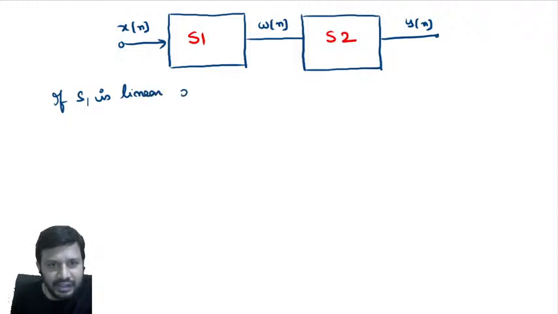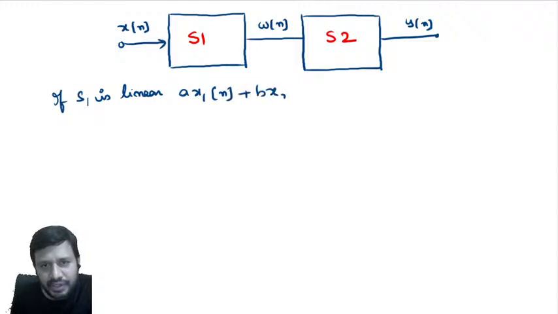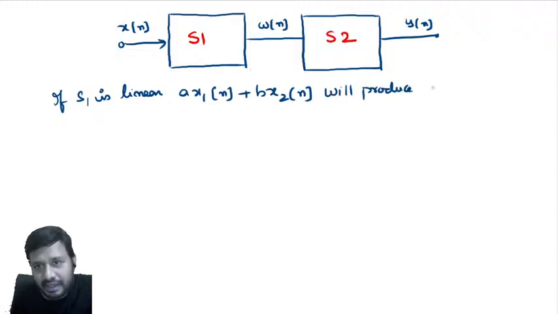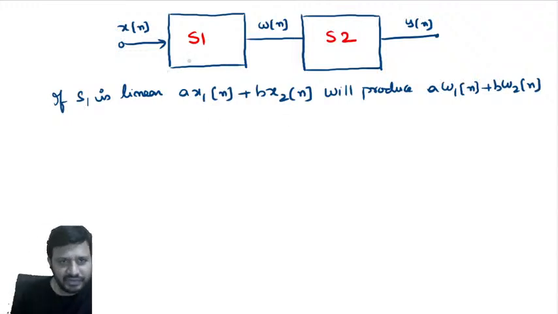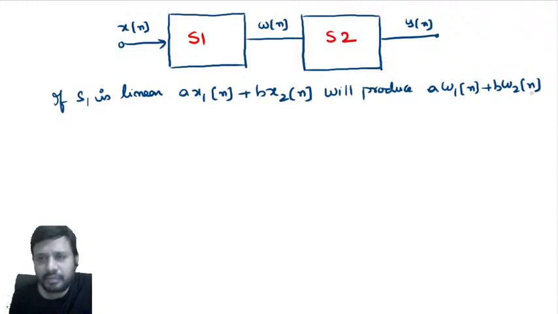If S1 is linear, A into x1 of n plus B into x2 of n will produce A into w1 of n plus B into w2 of n. Yes or no? For the first system being linear, additivity and homogeneity must be satisfied, which can be given in a single expression. So A into x1 of n plus B into x2 of n will produce A into w1 of n plus B into w2 of n.